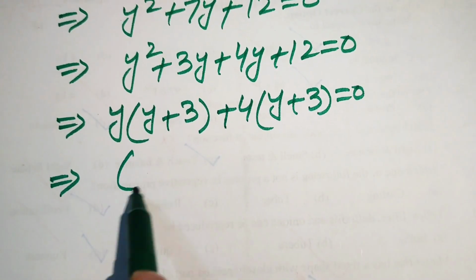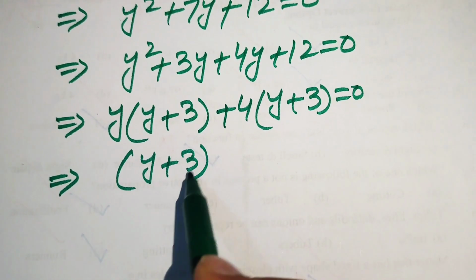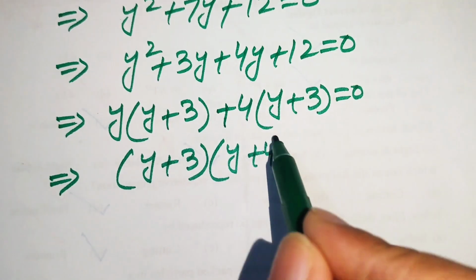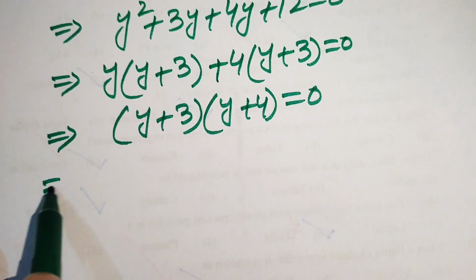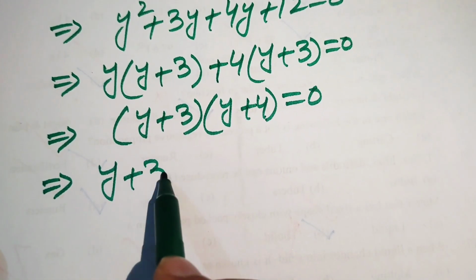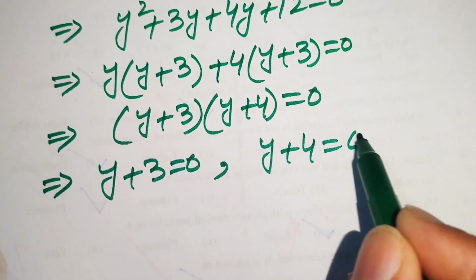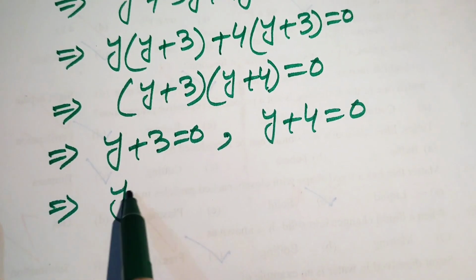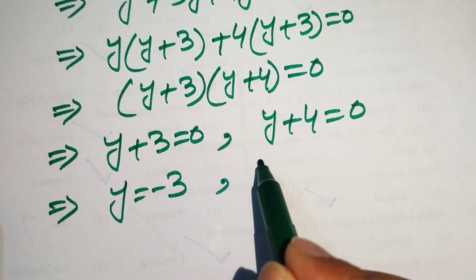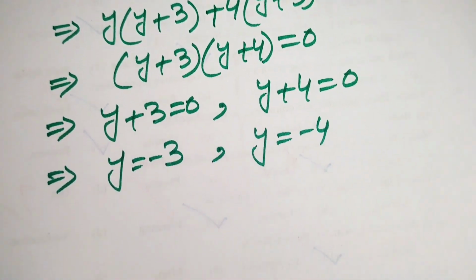So now we take common y plus 3 from both of these factors, and the remaining term is y plus 4 equals to 0. So here we get two cases. The first is we take y plus 3 equals to 0. The second case is we take y plus 4 equals to 0. Here we easily get the value of y is minus 3 and value of y is minus 4.